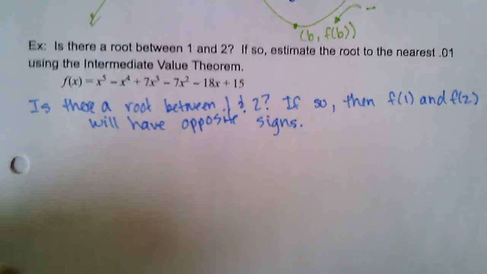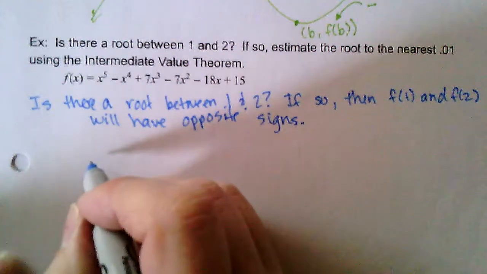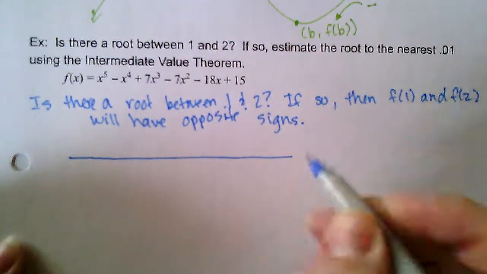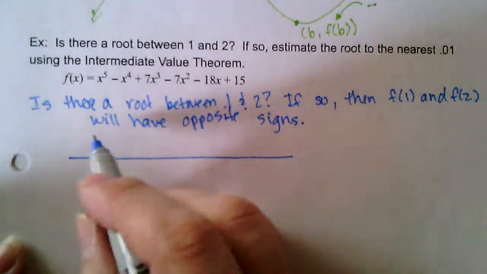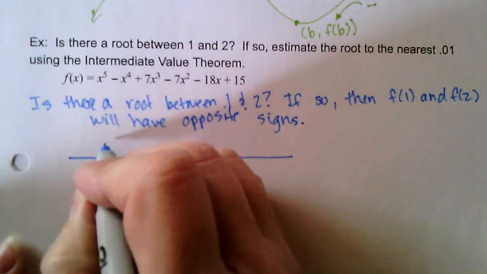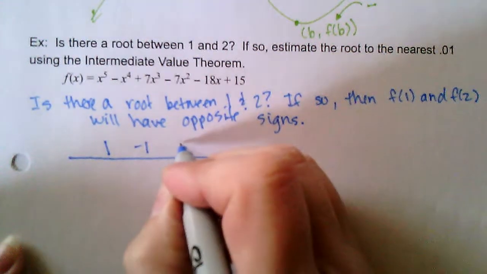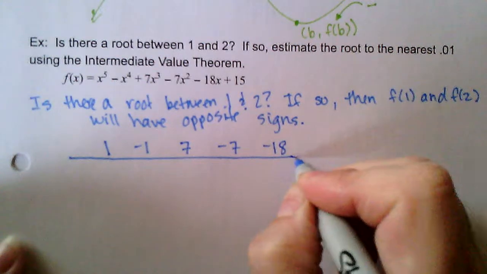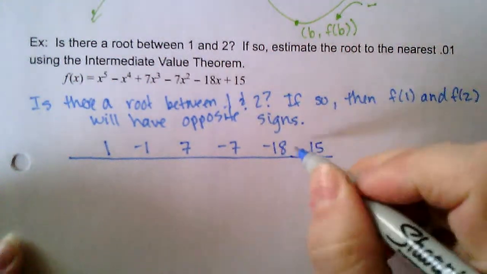So let's check that first. I'm going to use my shortcut for synthetic division because I don't want to write out a whole bunch of synthetic division. So we'll put our coefficients: 1, -1, 7, -7, -18, and 15.